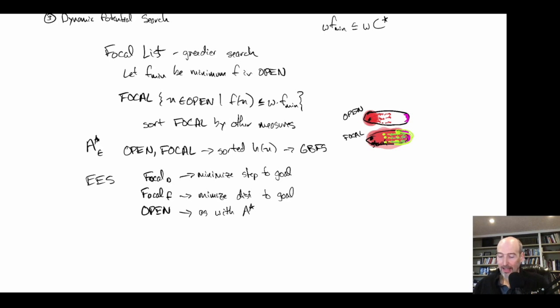What EES is saying is, when I'm doing my search, I don't just want to think about the cost to the goal. If I can get to the goal in fewer steps, then I'm going to do fewer node expansions and I'm going to get better performance. So it asks you to provide an estimate of the number of steps it's going to take to the goal. And this is really in a domain where you have unit edge costs, then we don't have this sort of estimate.